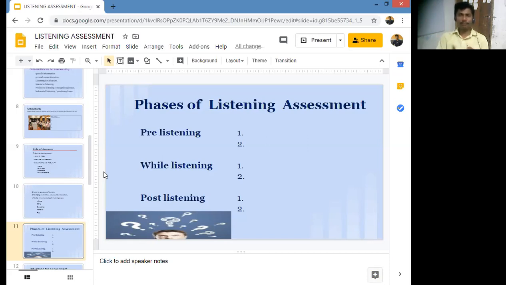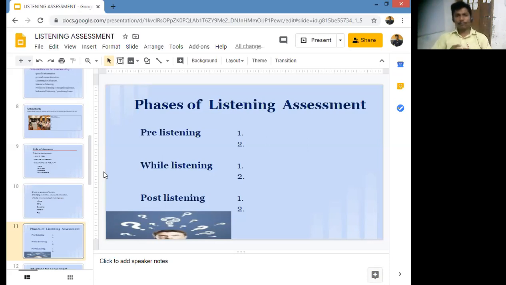And if we have to discuss the don'ts, then we must not comment on other things which are not part of our assessment or part of our listening program. So we must avoid such things.